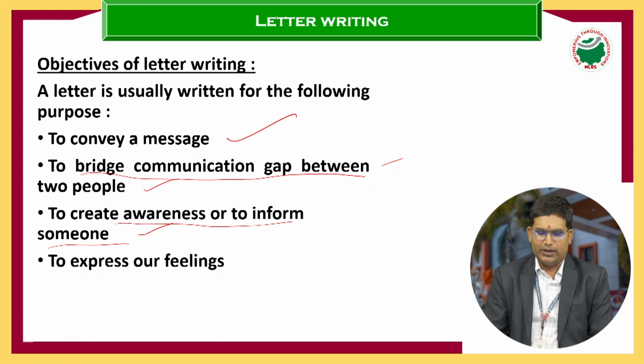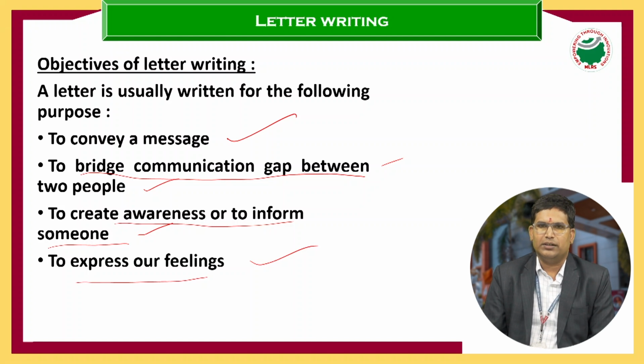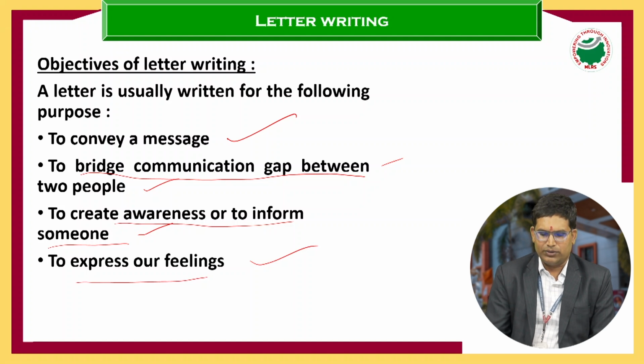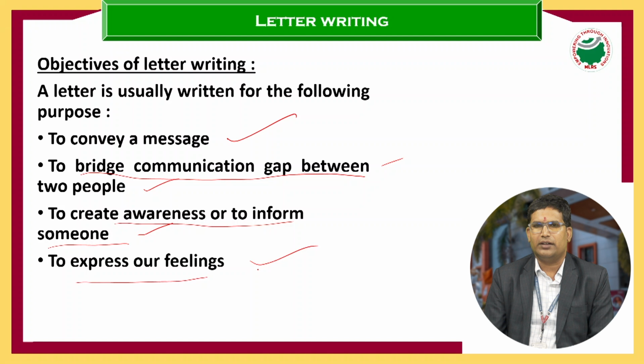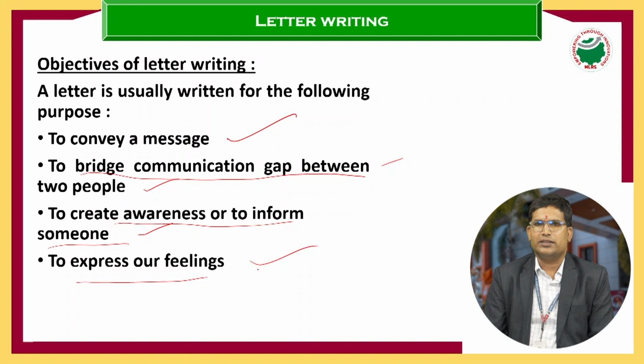Now the third and last purpose is to express our feelings. If you take the example of Y.S. Jagan's father, Y.S. Rajasekhar Reddy, the AP CM before the separation of Telangana, when he suddenly died in the aircraft accident, Sonia Gandhi wrote a condolence letter to Jagan to express her feelings towards YSR, and conveyed his loss to the nation as well as the state.